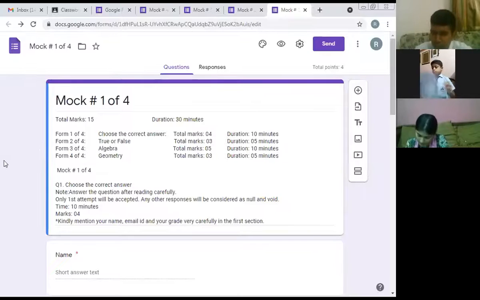हाँ, look at the screen. Your form number 1 today is of 4 marks.